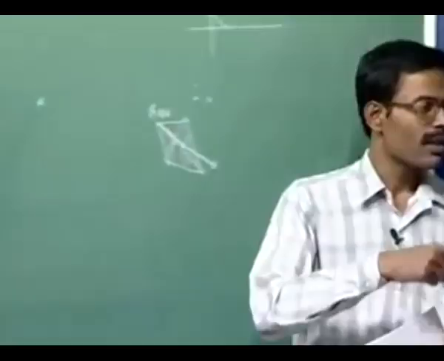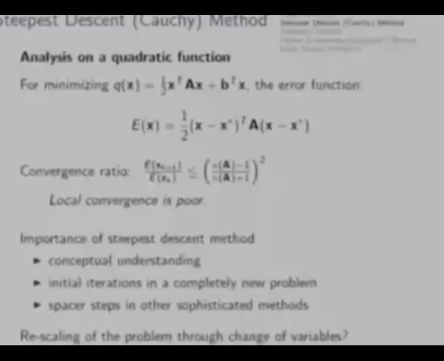So, that is a little more advanced method, which we will not be discussing in this course, though it is there in the book in chapter 23, but we will be omitting that chapter in our study here. Now, other than steepest descent or Cauchy's method, there is one more basic method, and that is Newton's method.